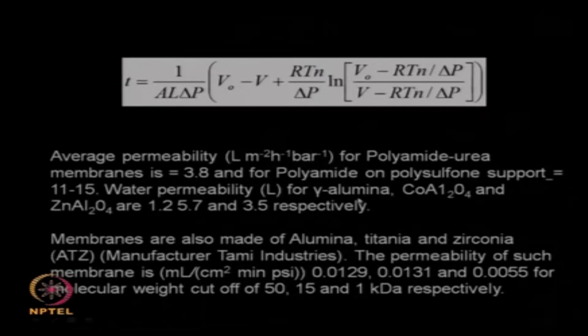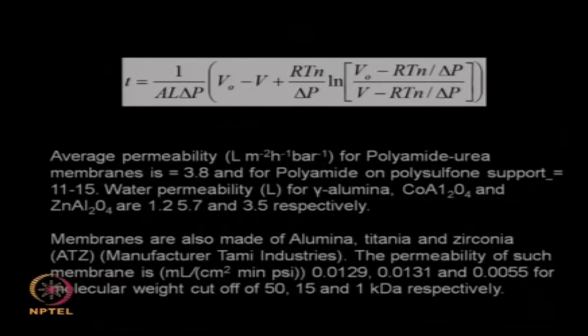Water permeability for gamma alumina, cobalt alumina and zinc alumina are 1.2, 5.7, 3.5. So, these numbers vary depending upon the type of inorganic materials you use. So, you can also make membranes with alumina.